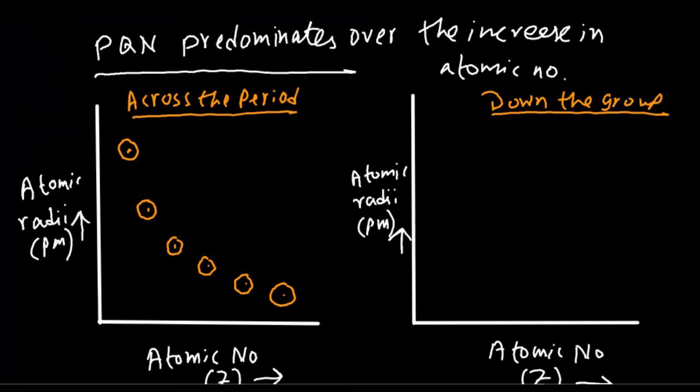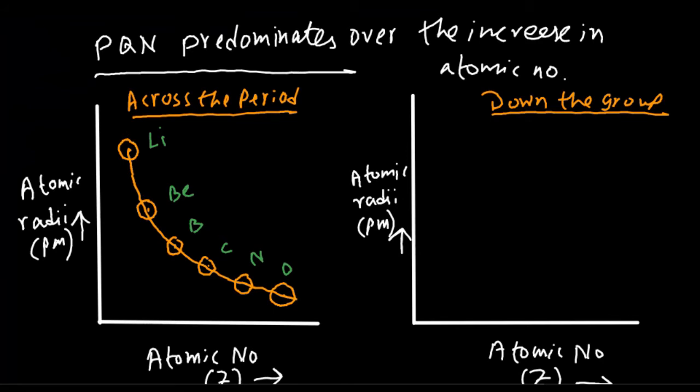Suppose this is lithium, beryllium, boron, carbon, nitrogen, oxygen, and so on. As you can see, the trend in the periodic property, that means the atomic radius, goes on decreasing like this across the period.